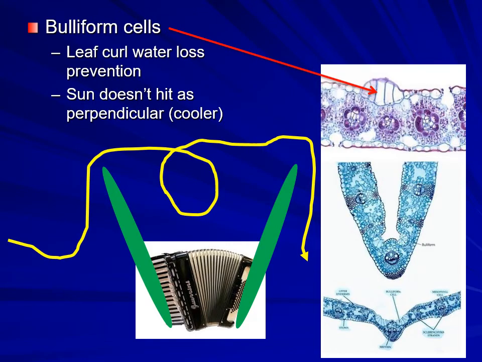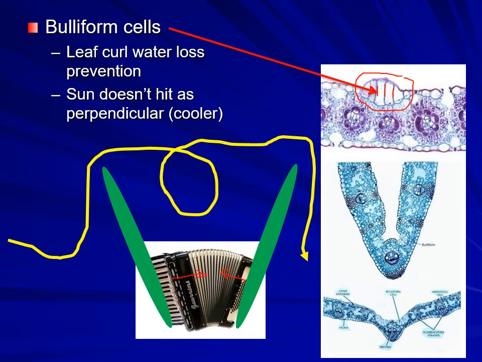So on this slide, I've got the bulliform cells shrunk a bit up here, a little smaller, but there they are. And my simple analogy here, forgive me, is an accordion, right? So you can see these are like the bellows in the accordion. As they shrink, they would be like pulling the accordion together.